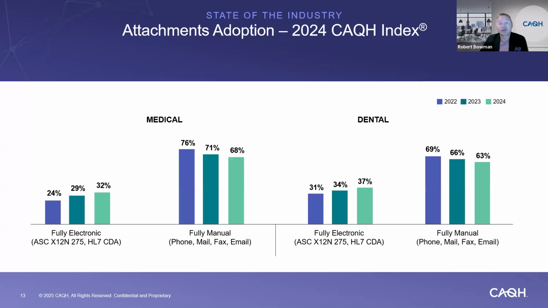We've seen the fully manual drop from 76 to 68%. For medical, an increase of 6% over the last 2 years. For dental, another 6% decrease in the manual. So again, we're making the numbers right for folks to implement a standard with operating rules to really customize the business needs, whether you're in medical, whatever silo in medical that you're in, or dental, and how that is improving your business processes.